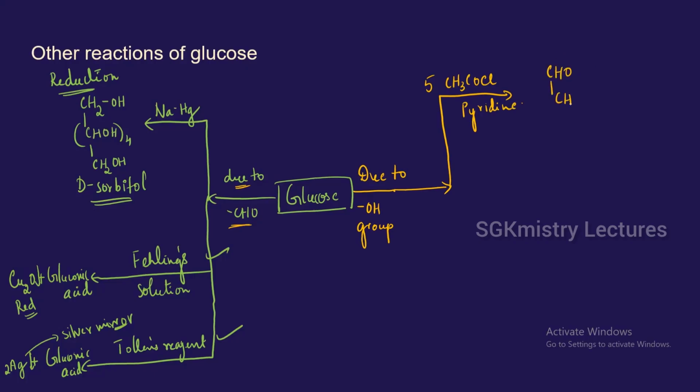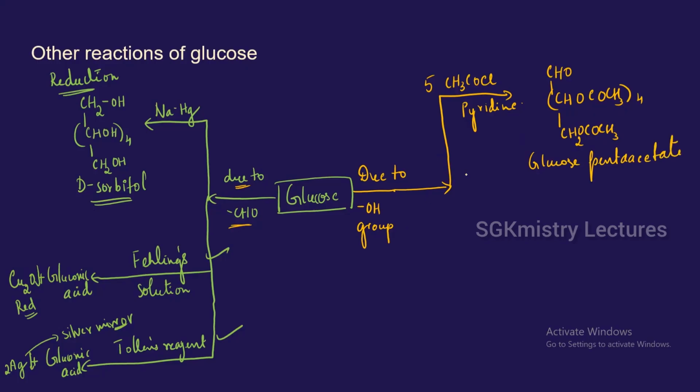You can even use acetic anhydride for this purpose. We have seen it in the structural elucidation, right? So CHO, CO, CH3, CH2, O, CO, CH3. The OH groups are acylated in the presence of a suitable acylating agent. So this is glucose pentaacetate.